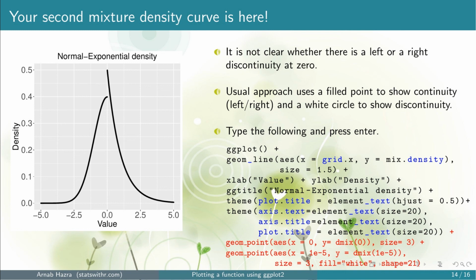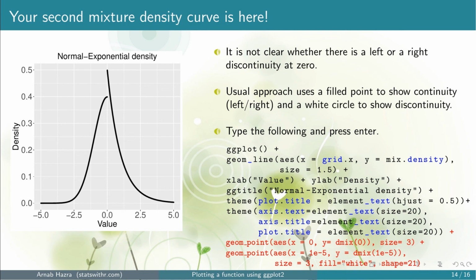To show right discontinuity, choose a very small positive value. We choose 10 to the power minus 5 and add a blank circle at 10 to the power minus 5 and the value of the mixture density at 10 to the power minus 5.